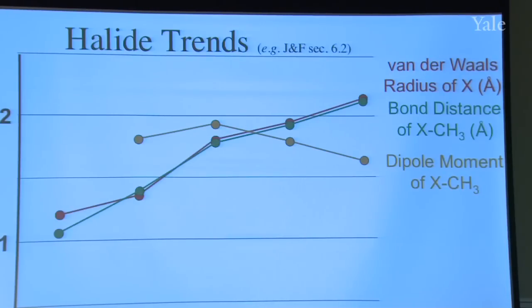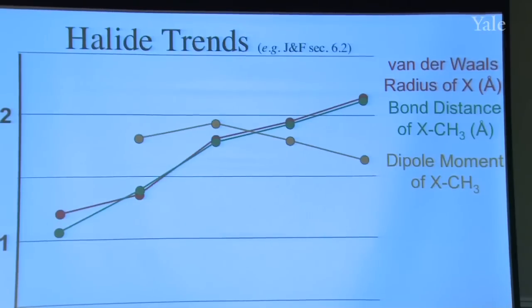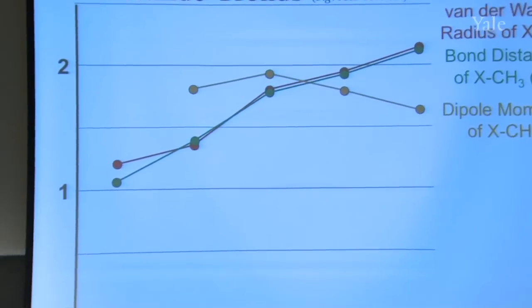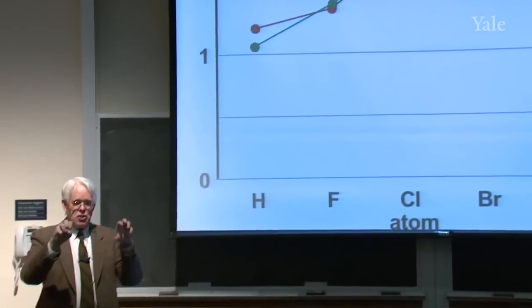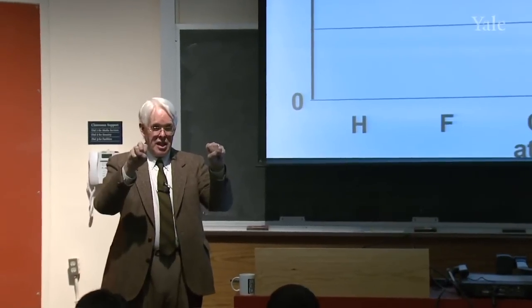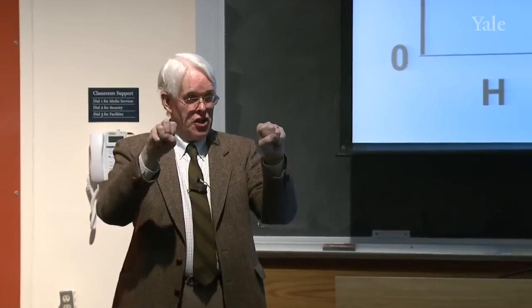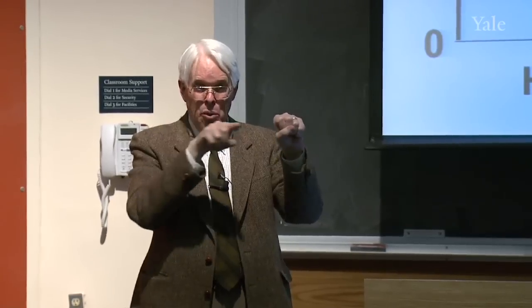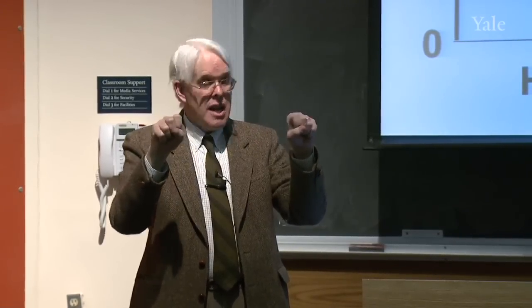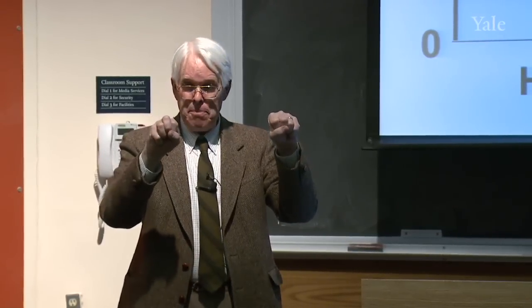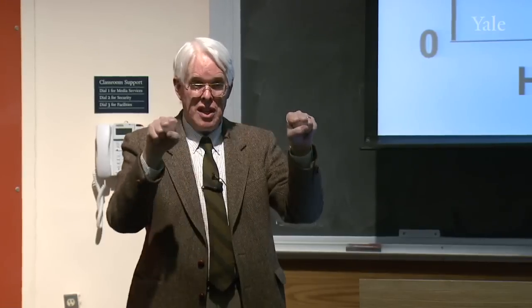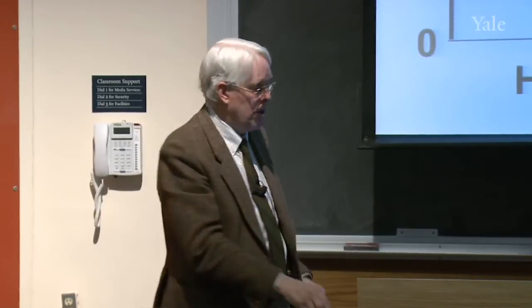Here we're interested in how much charge is separated. Here we have CH3 and a halogen. So the dipole moment is how big the charges are and how much they're separated, right? Now we already see here how much they're separated, that is what the distance is, but how big is the charge, right?